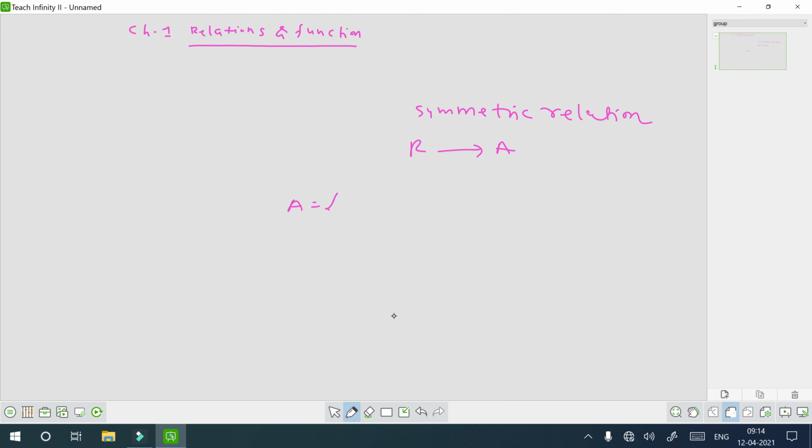Let us consider A is equal to, sorry, the set consisting of two elements a, b. Now let us consider relation R is equal to (a,a), (a,b), (b,a), (b,b). Of course, it is a relation on set A.